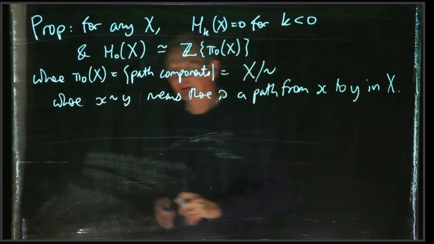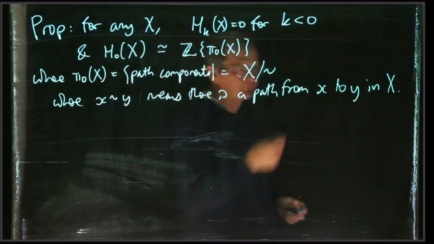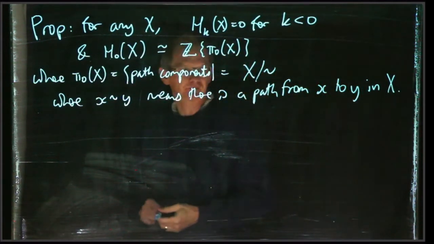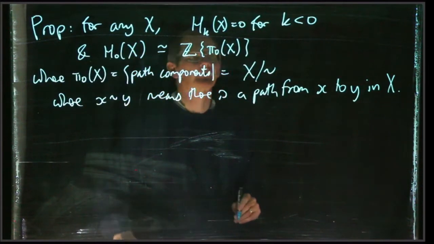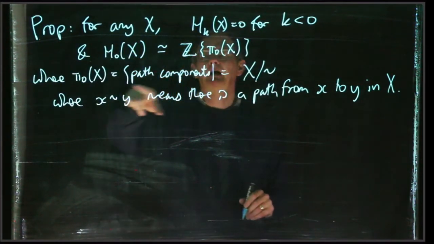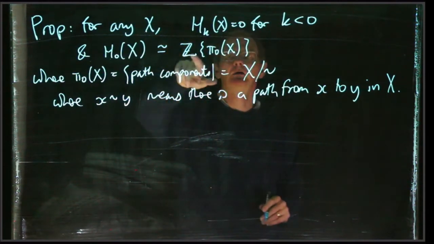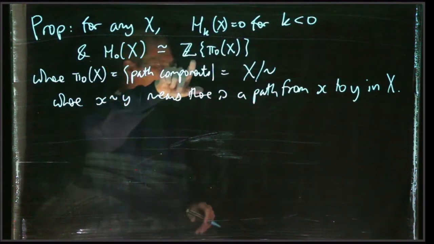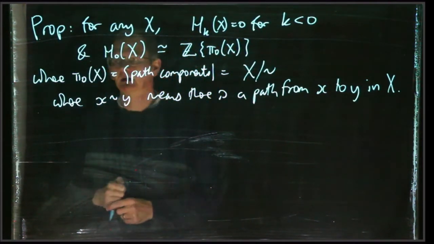Some time ago we proved that the relation of having a continuous path from x to y is an equivalence relation on X. So we can form a set of equivalence classes that's called pi_0(X). And having formed this pi_0(X), we can take the free abelian group of formal linear combinations of elements of pi_0(X). That's what we've got on the right-hand side, and on the left-hand side, the zeroth homology.